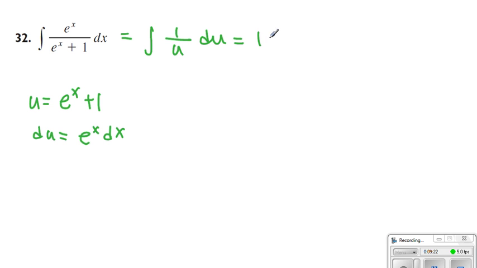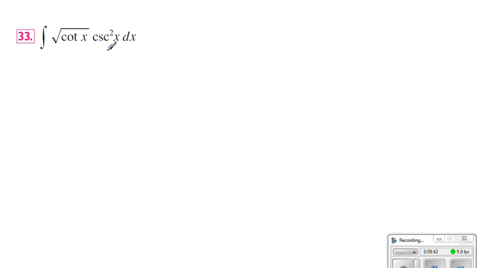And here we end up getting ln of u plus c. But since u is this expression, we end up getting ln of e to the x plus 1 plus c.